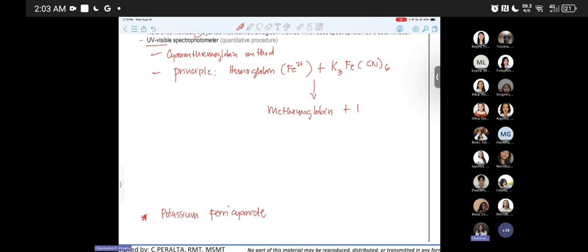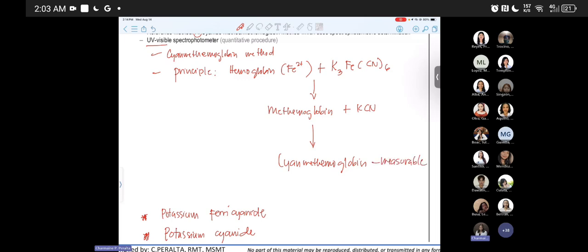Dadagdagan natin ng potassium cyanide. So magiging cyanmethemoglobin. Dito sa hemoglobin method, hindi kasi quantifiable ang hemoglobin. Para ma-quantify ang hemoglobin, kailangan siyang i-convert sa cyanmethemoglobin. Ang cyanmethemoglobin is measurable or quantifiable.